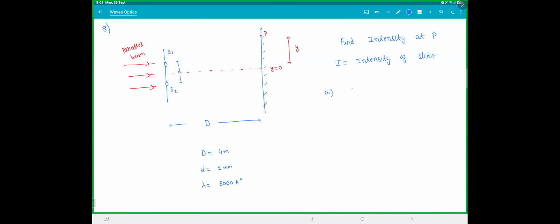First case, y is 2 millimeters. Second case, y is 3 meters. Let's see. The first one is a proper mains question. The second one becomes an advanced question.